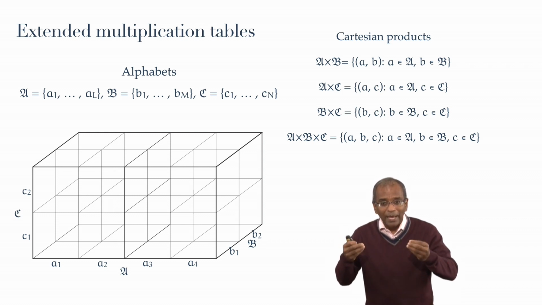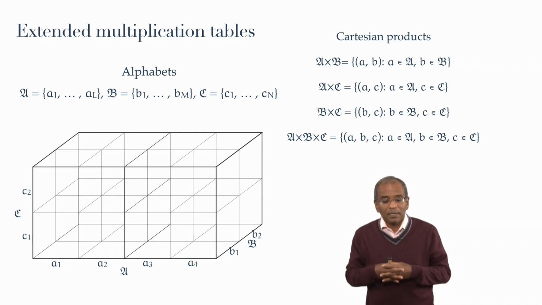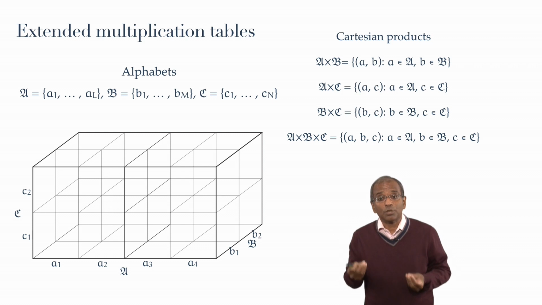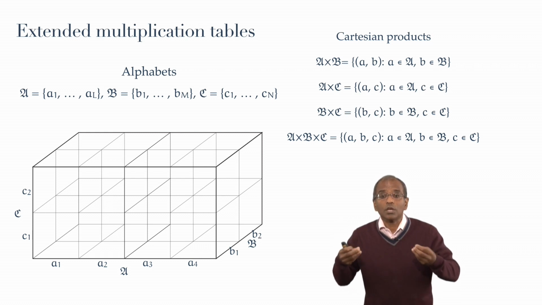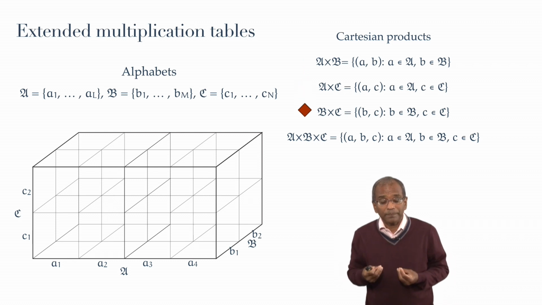And every pair is an ordered pair, one element followed by the other, which tells you all the possibilities for that slice. Now, there are three possible slices, and these give rise to three Cartesian products. The Cartesian products of A with B, of A with C, and B with C.